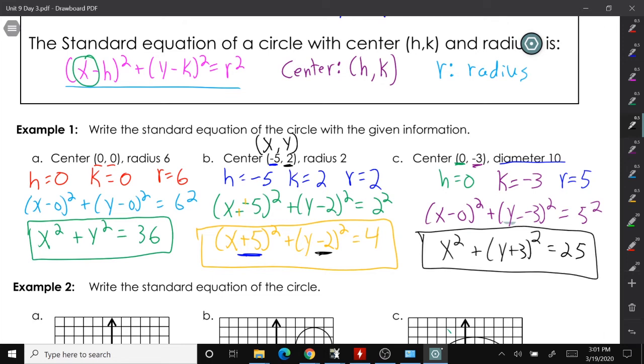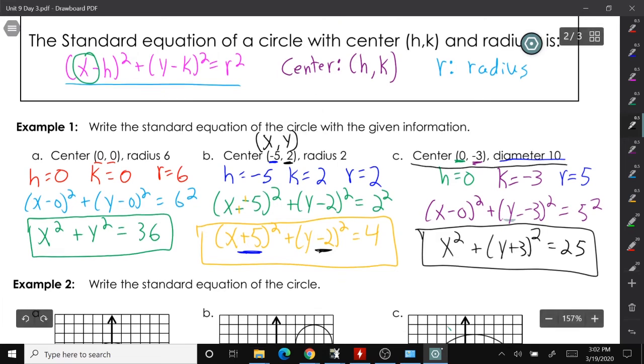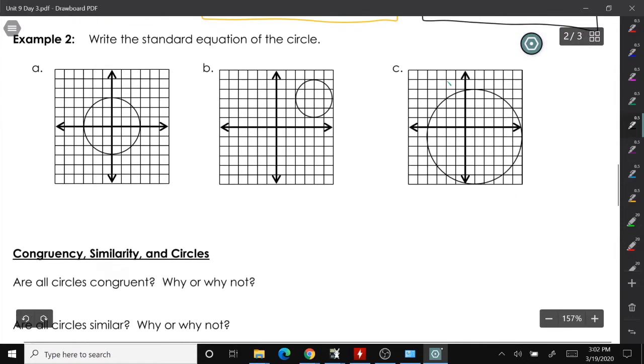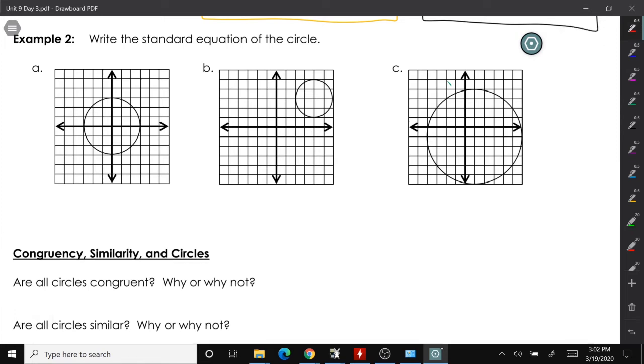All right, so we were given that information up here originally, and we wrote the equation. Now what we're going to do is we're going to look at a graph, and from the graph write the equation. So the first thing we need to do is find the center. There's the center of this circle.